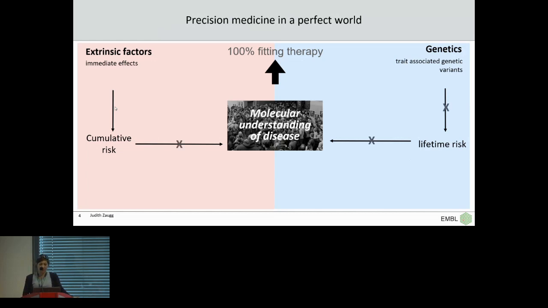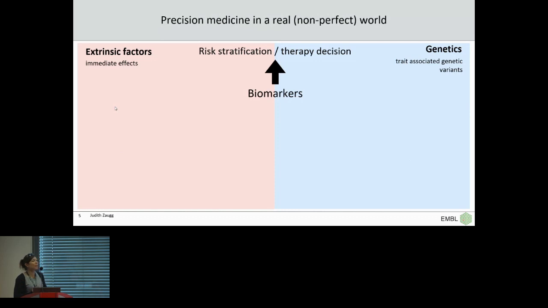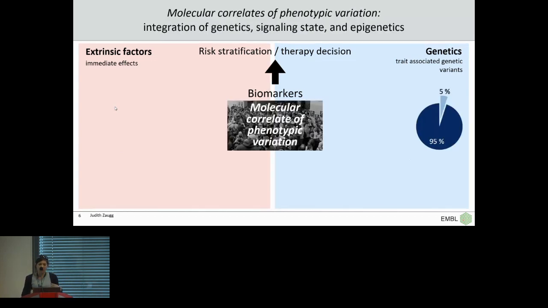Now, of course, we all know that this is not possible because we will never get there. At least I don't believe we will get there in my lifetime. So what we're doing instead is using biomarkers to understand risk stratification and try to make therapy decisions or design drugs. And in my view, biomarkers are in a way the molecular correlates of phenotypic variation.